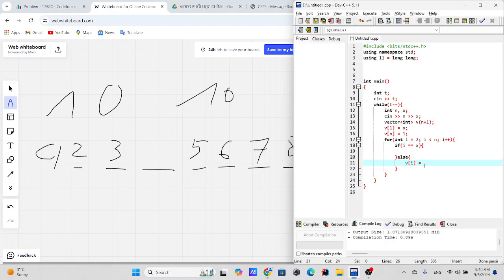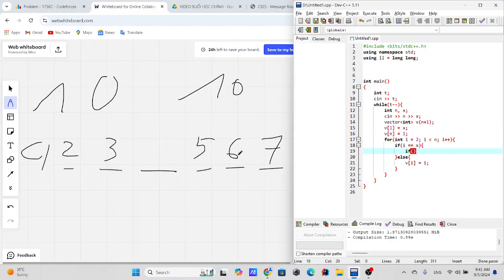V is equal to x. Yeah. V is equal to e. Alright. If e is equal to x, right? If e is equal to x, if what?